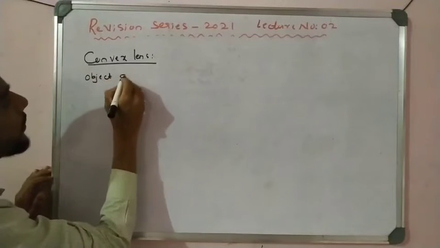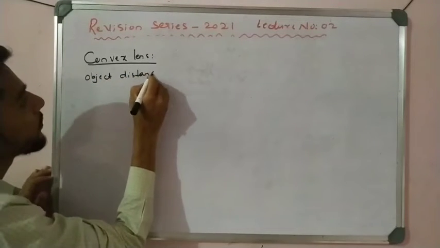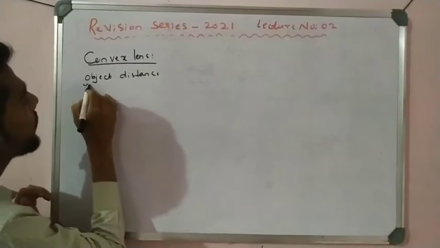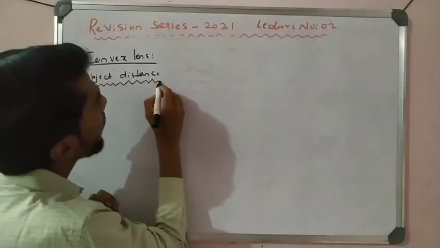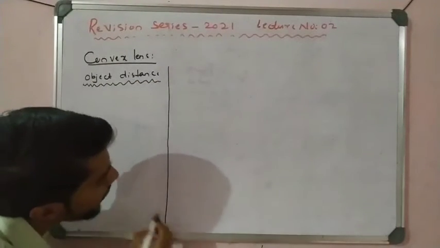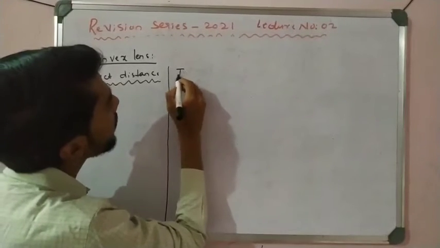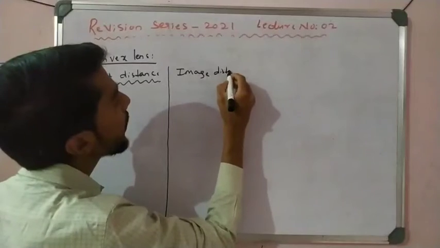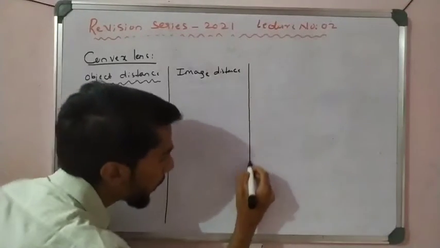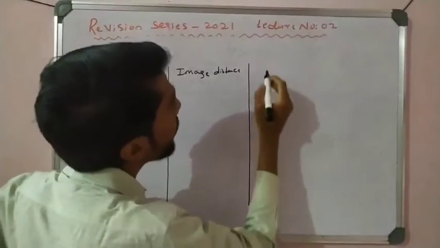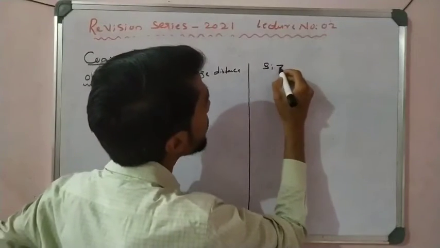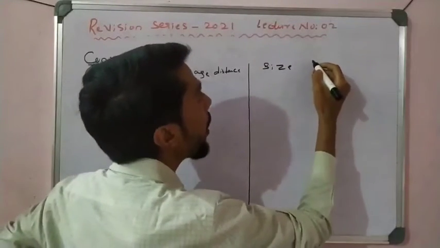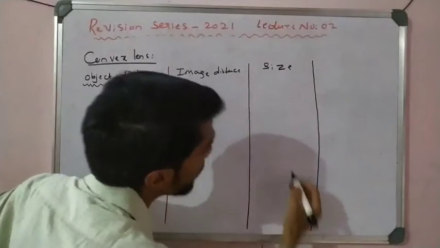Next, the image distance, at what distance the image is formed. After that the size, how much size it is, whether same, enlarged or small in size, all that we decide here.